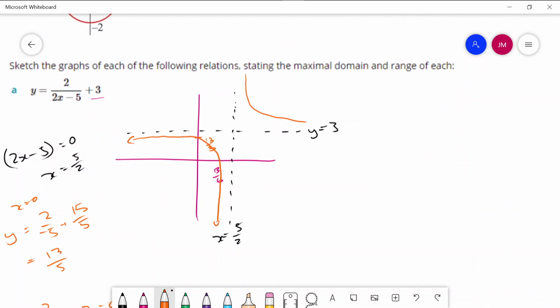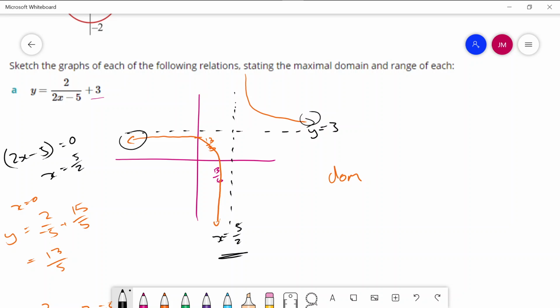Now, the maximal domain implied by this is that x, as you notice here, goes all the way to negative infinity, and over here I should have arrows going up to positive infinity. The only point it doesn't exist at is the asymptote.